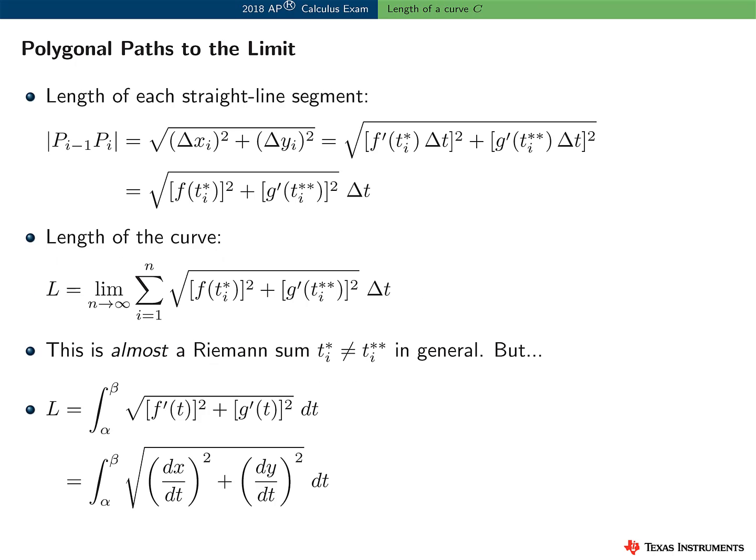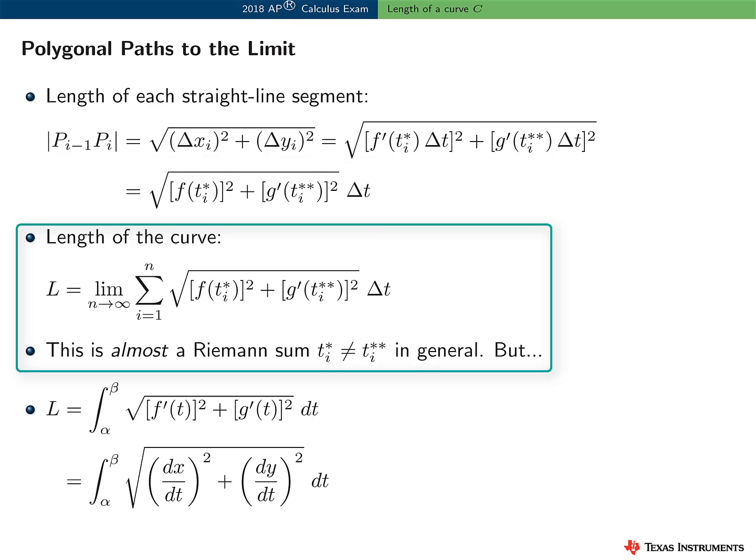Let's put all of this together. The straight line distance between p sub i minus 1 and p sub i is this. Using the expressions for delta x sub i and delta y sub i, we have this expression. And a little simplification yields this. So the length of the curve is this limit, and this is almost a Riemann sum.